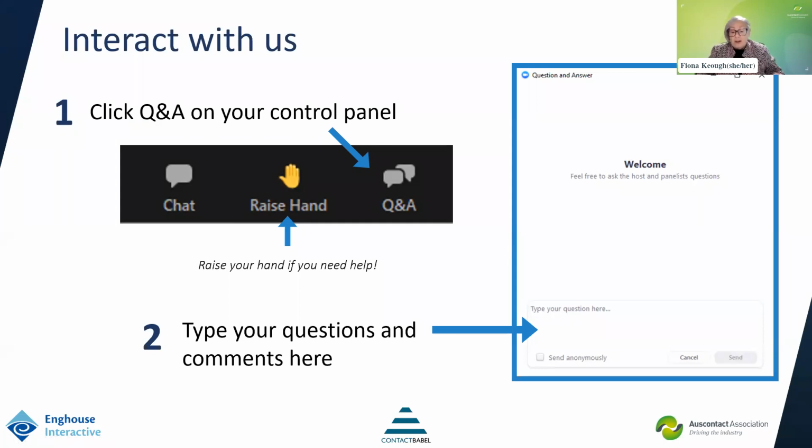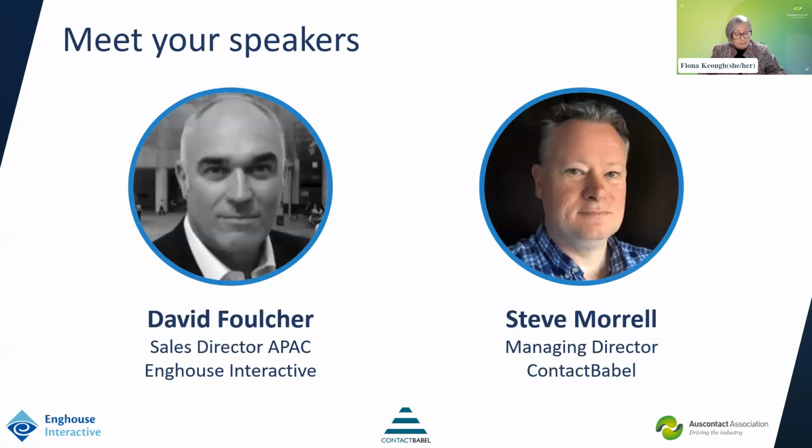So I would now like to introduce our two speakers for today. And they are David Fulcher, Sales Director APAC at Enghouse Interactive, and Steve Morrell, Managing Director at ContactBabel. But before Steve gets the microphone, I've got a little bit more to share with you. The 2022 Australia and New Zealand Contact Centre Decision Makers Guide is ContactBabel's second annual research study of the performance, technology and HR aspects of Australian and New Zealand contact centre operations.